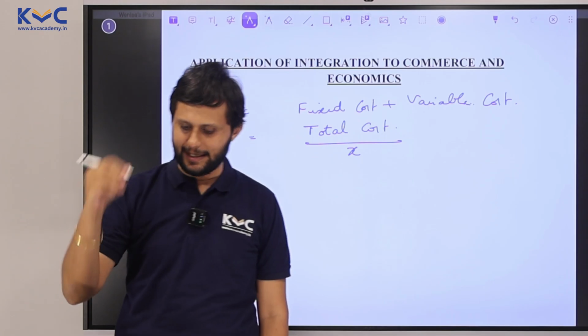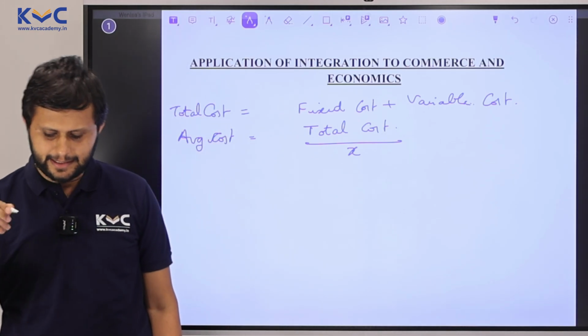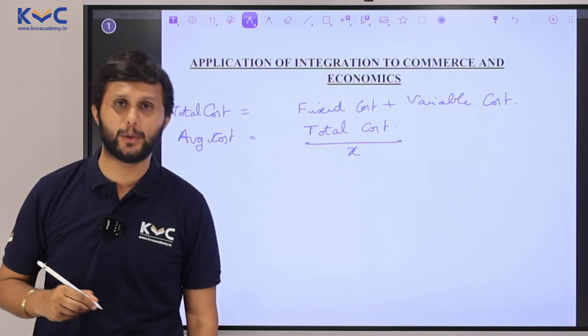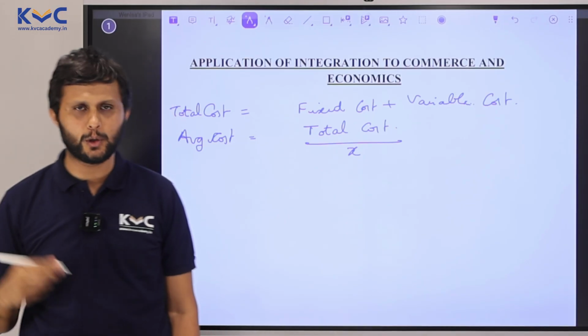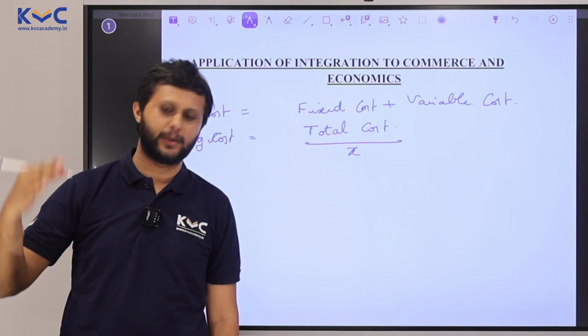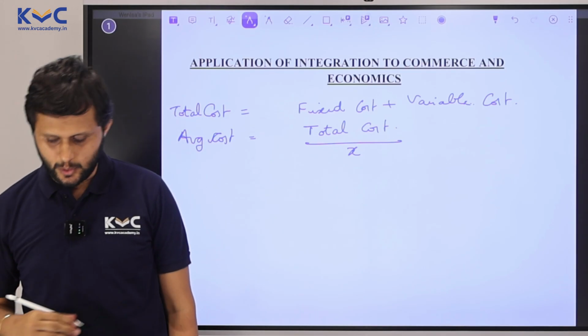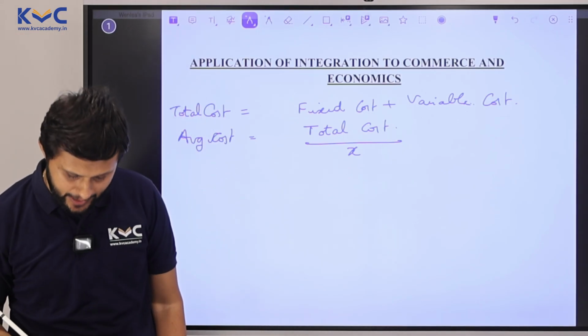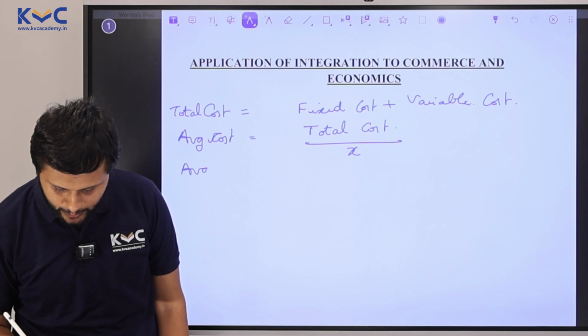Now what is this x? x is nothing but the number of units that you are producing. So if my total cost is, let's say, 30,000, and I'm producing 3 units, it is 30,000 divided by 3. So we have fixed cost, variable cost, average cost. Next we have average variable cost.